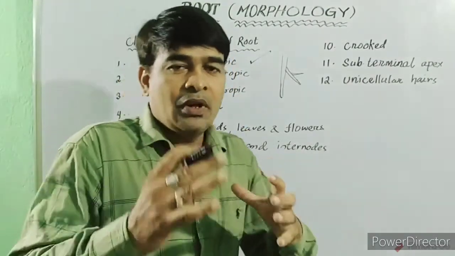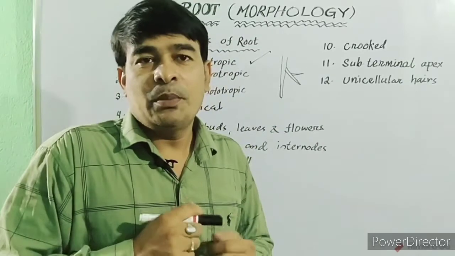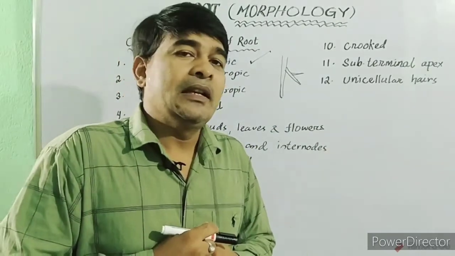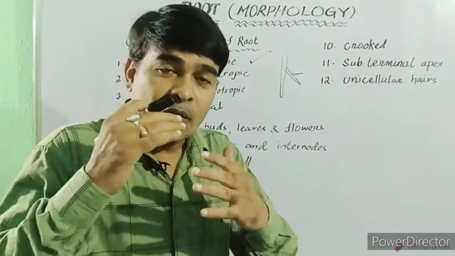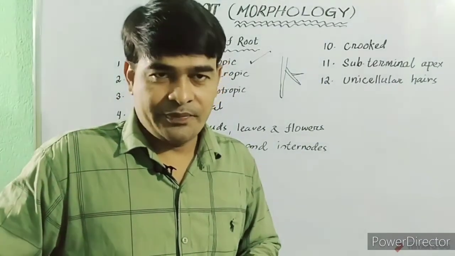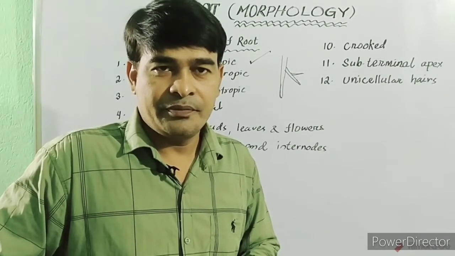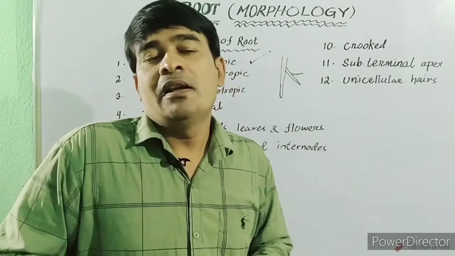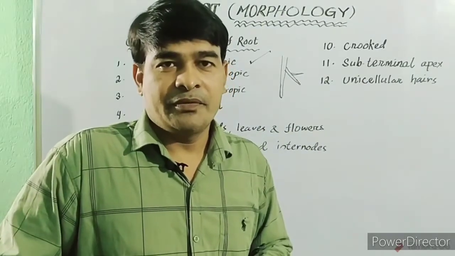Breathing roots or pneumatophores found in mangrove plants are negatively geotropic. They grow vertically upward from the horizontal branches. Why do they grow upward? For availing oxygen.